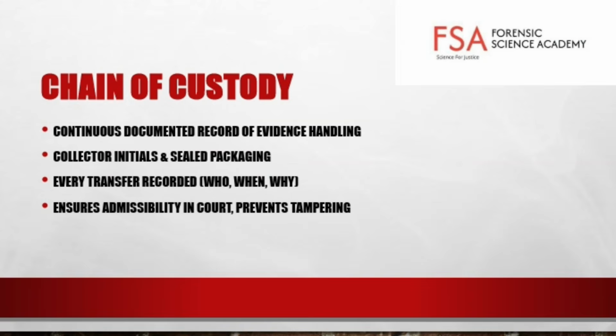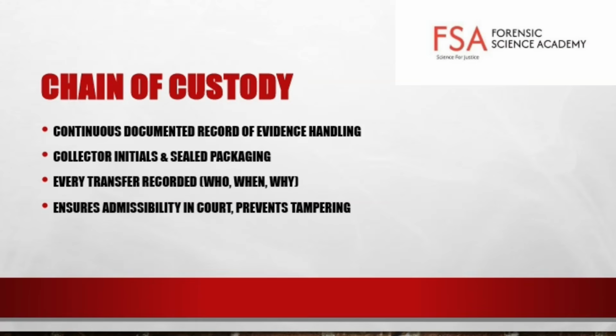Next is chain of custody. The chain of custody is like a diary of evidence. Every transfer is documented: who collected it, who received it, when and why. Each seal is signed and dated.